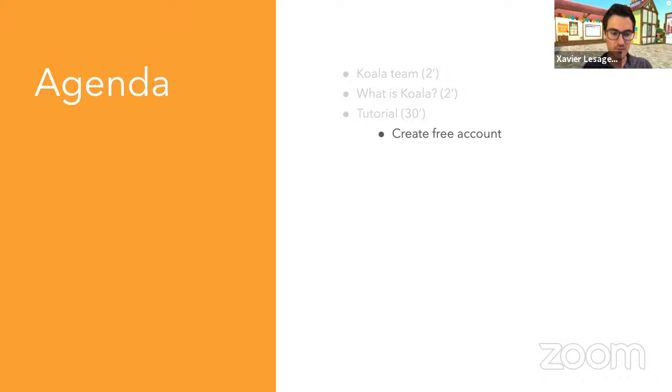Before I get started, we would like to know what you currently teach. Could you let us know in the chat: type A if it's literacy, type B if it's math, and type C if it's something else. We would love to know what it is.